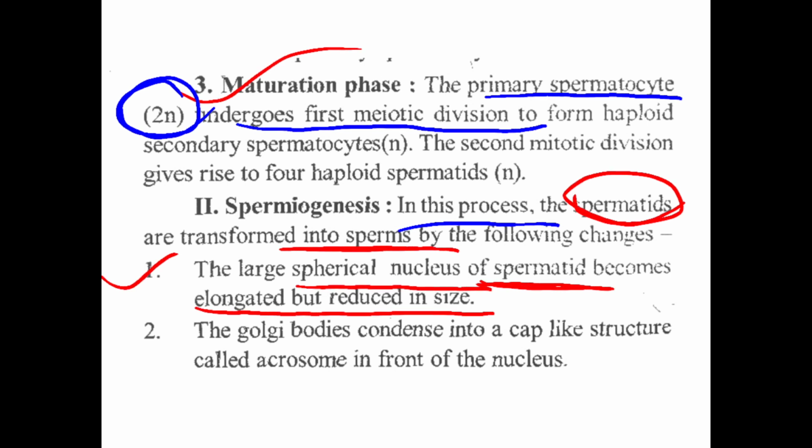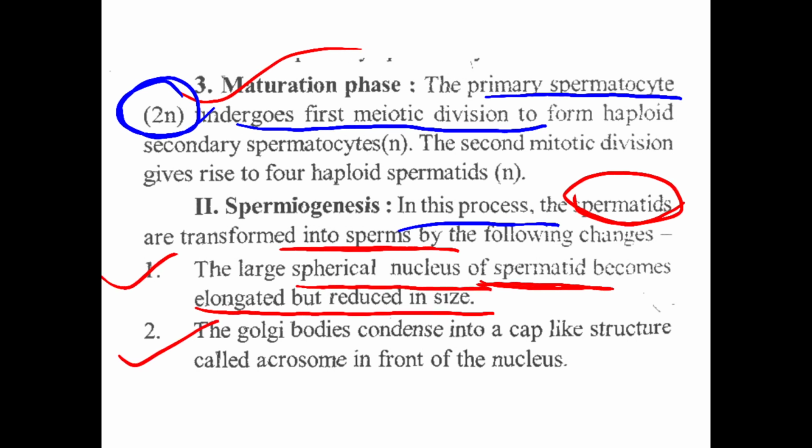The size of the spermatid is big, but after the spermatogenesis process, the spermatid is converted into sperm by losing its weight, and the spherical nucleus becomes elongated.